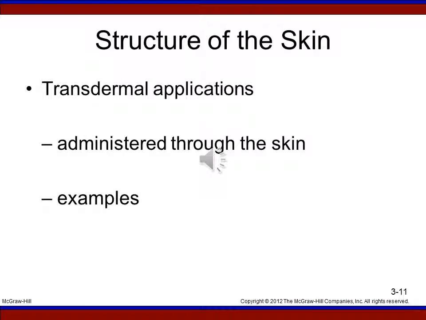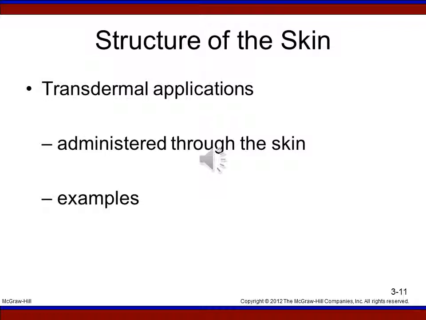With the structure of the skin here, transdermal applications are medications placed on the skin that diffuse across the epidermis and into the blood vessels in the dermis. Understand that these medications are placed on a special semi-permeable membrane material that allows for slow absorption of the medication through the skin.